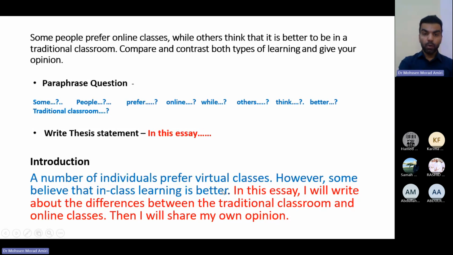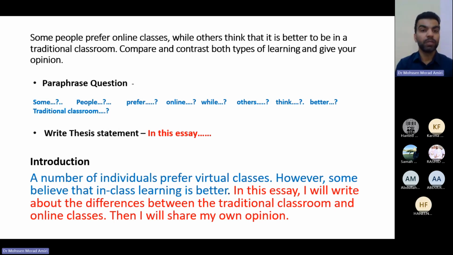So the blue one is paraphrased. We should paraphrase the question. So for paraphrasing, you need what? You need good knowledge of vocabulary. Then, what are you going to do? You need to write the thesis statement. What are you going to do in this paragraph? You need to write this. This is a template.